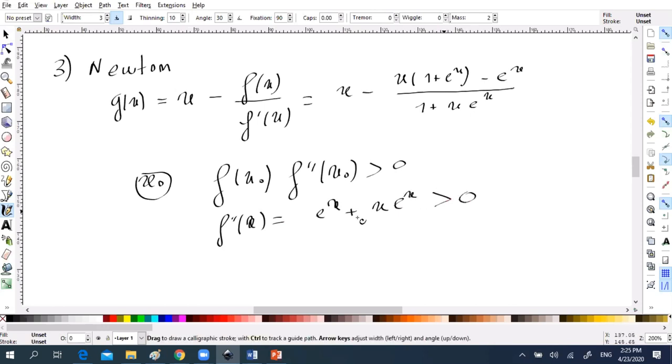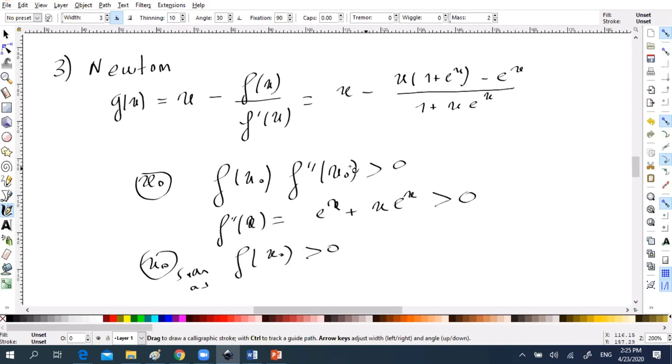So we have to choose x0 such that f of x0 is positive, because the f second is positive here. If the f second was negative, we should have chosen x0 such that f of x0 is negative.